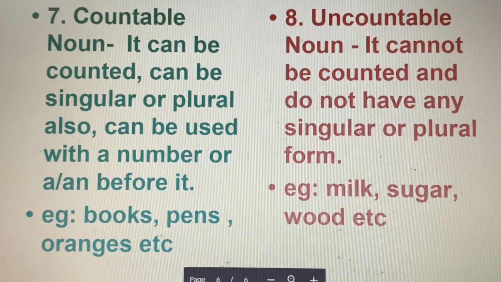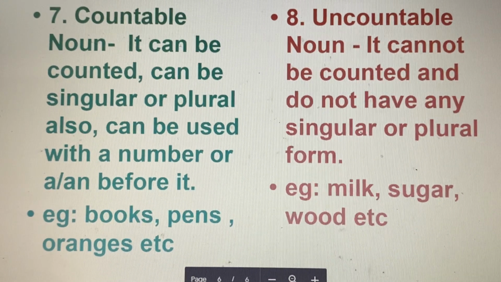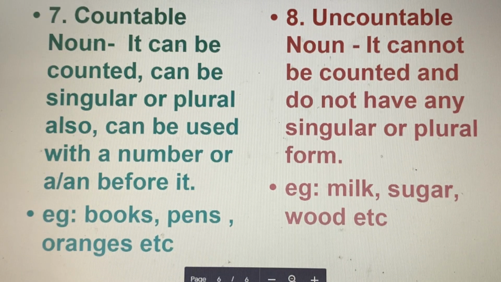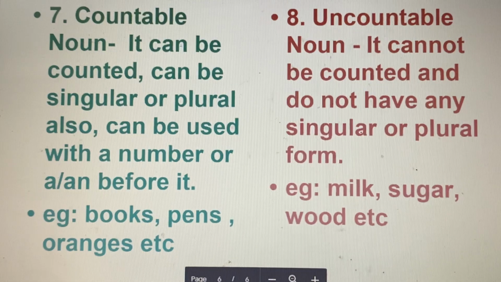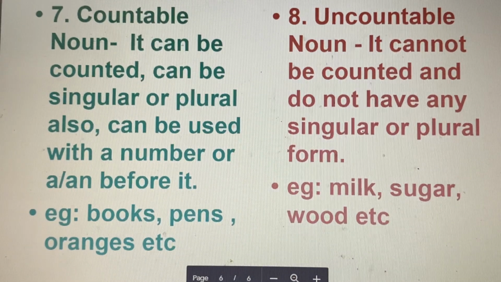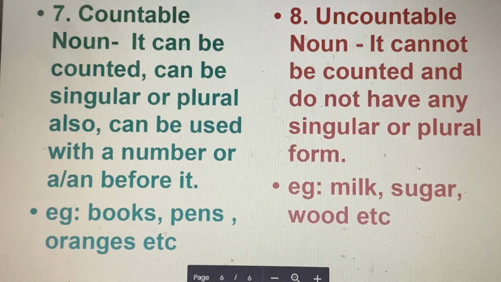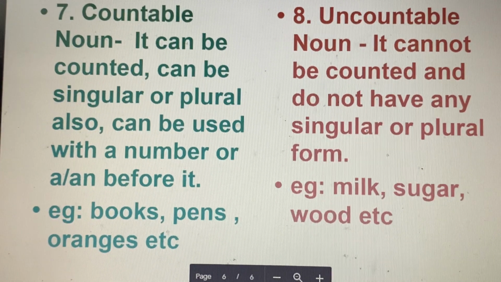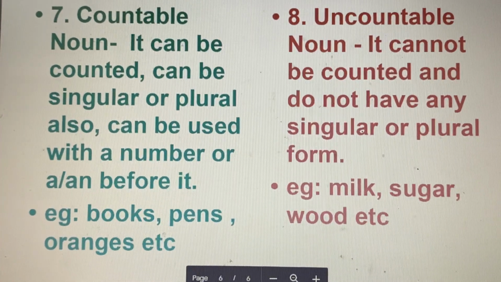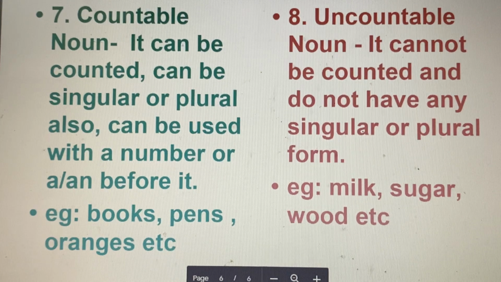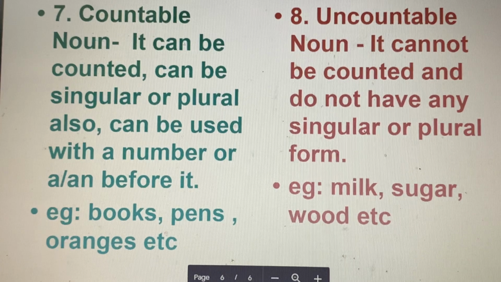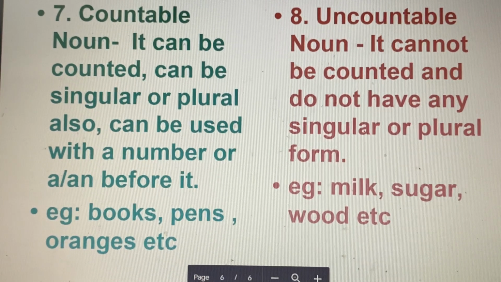Likewise, the next one is the uncountable noun. Uncountable nouns cannot be counted and do not have any singular or plural form. It is the opposite of countable nouns. Although these can't be counted, they can be measured.